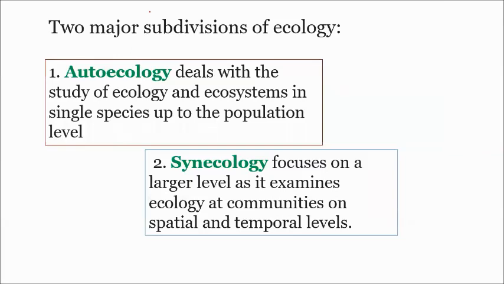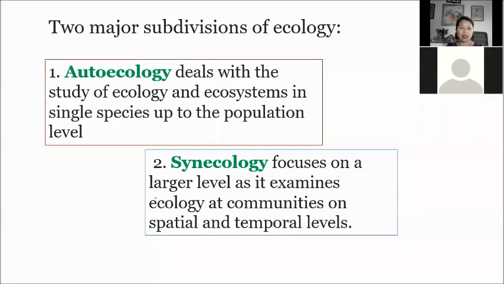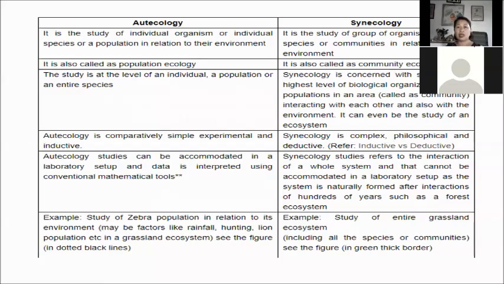Okay, so next, we have these two major subdivisions of ecology. This is autoecology, which deals with the study of ecology and ecosystems in single species up to the population level. Okay, so next we have synecology, which focuses on the larger level as it examines ecology at communities on spatial and temporal levels. Two subdivisions of ecology. So further, let us look at the difference between the two.